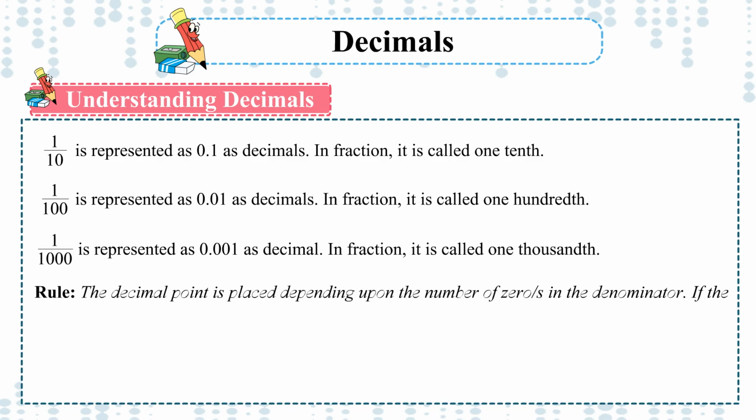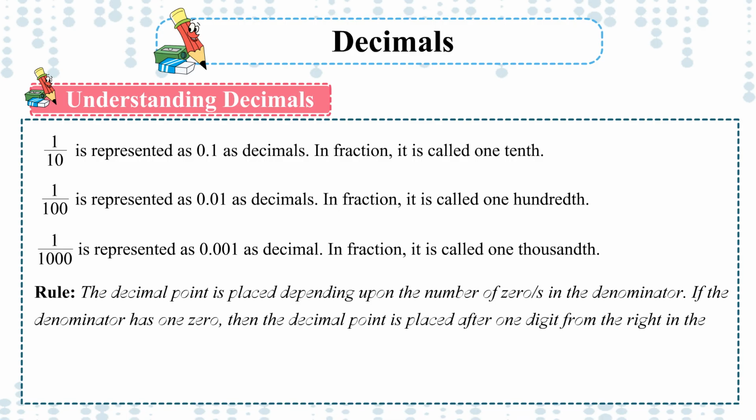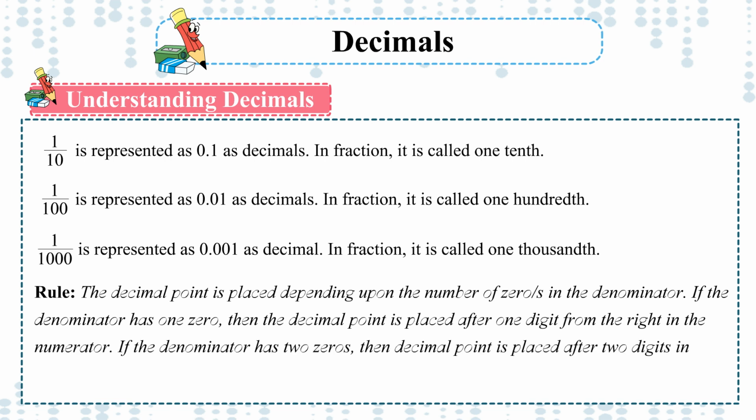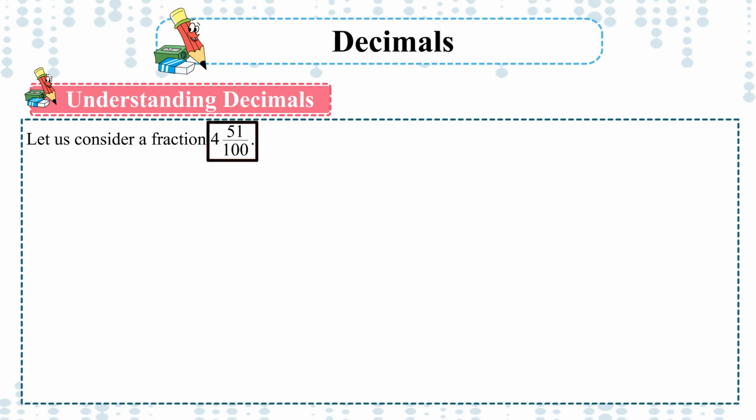Rule: the decimal point is placed depending upon the number of zeros in the denominator. If the denominator has 1 zero, then the decimal point is placed after one digit from the right in the numerator. If the denominator has 2 zeros, then the decimal point is placed after 2 digits in the numerator from the right. Let us consider a fraction 451 upon 100.